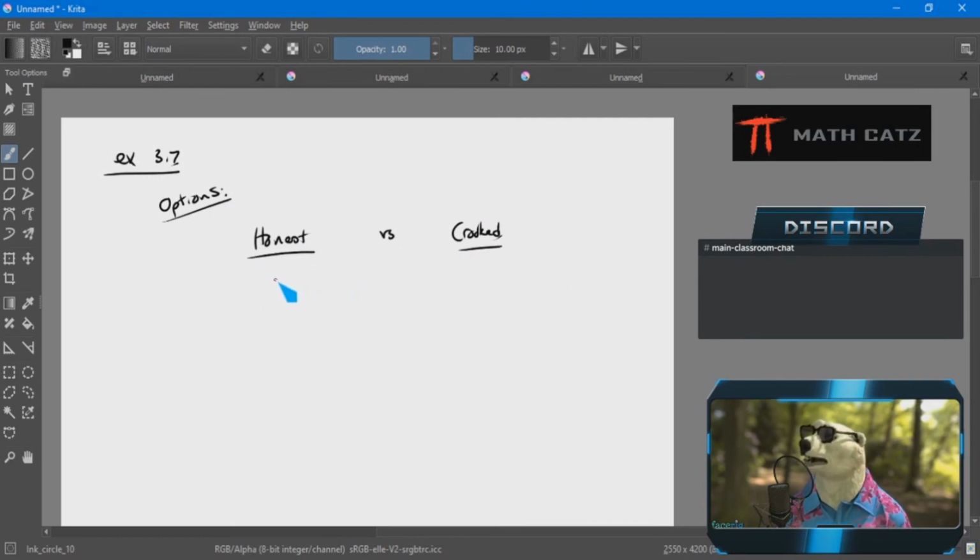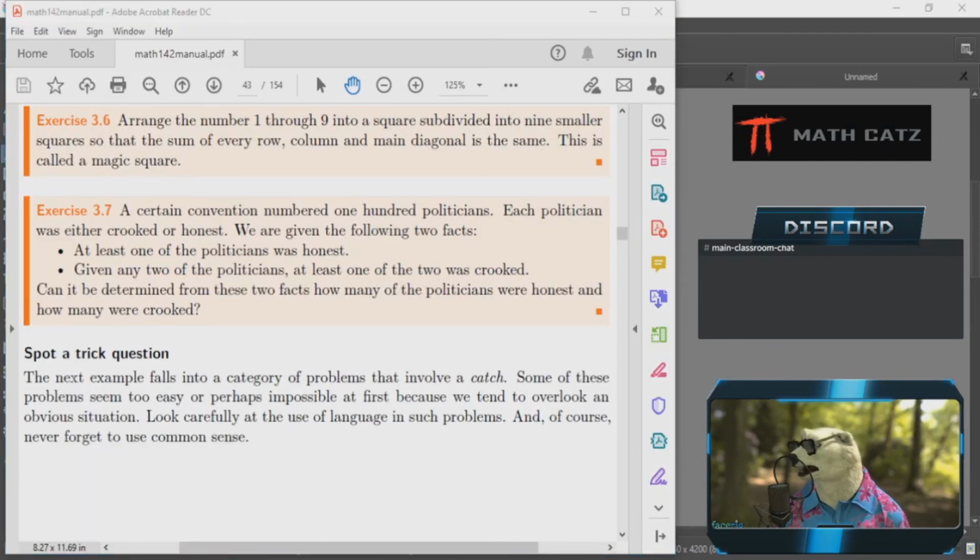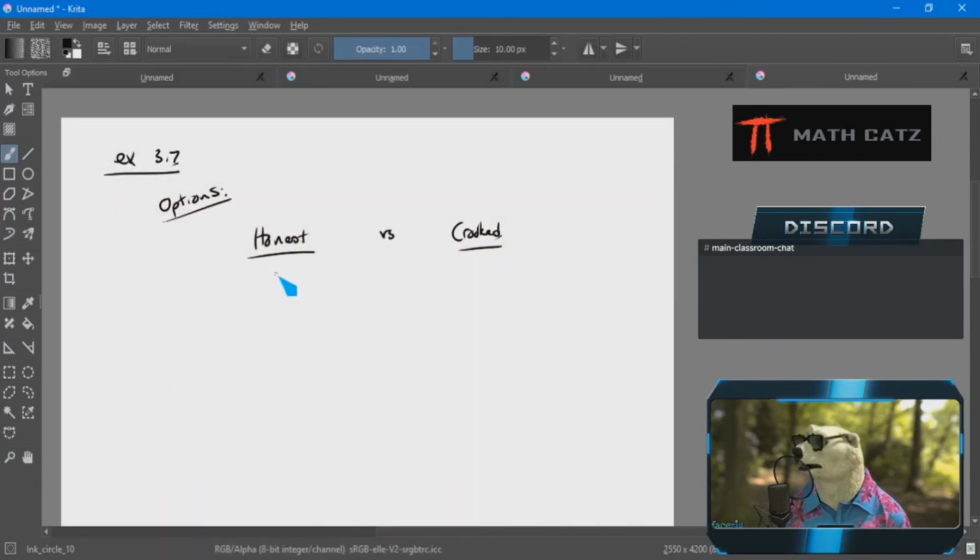So I can have, let me just see which order I want to do this in. It doesn't matter. Let's start optimistic. I can have 100 honest politicians, 0 crooked, right?